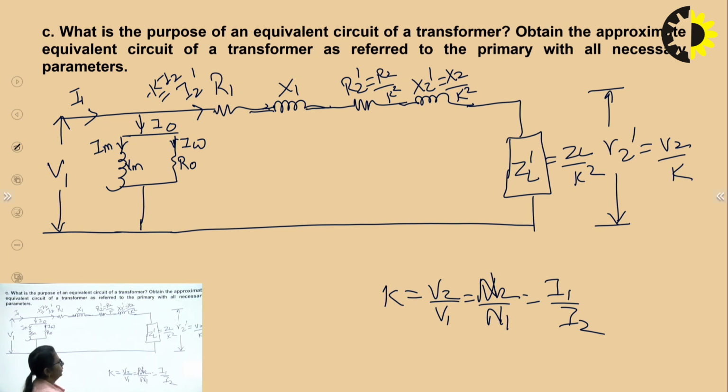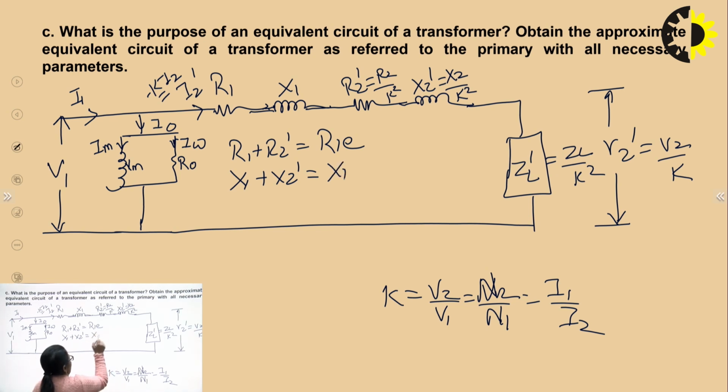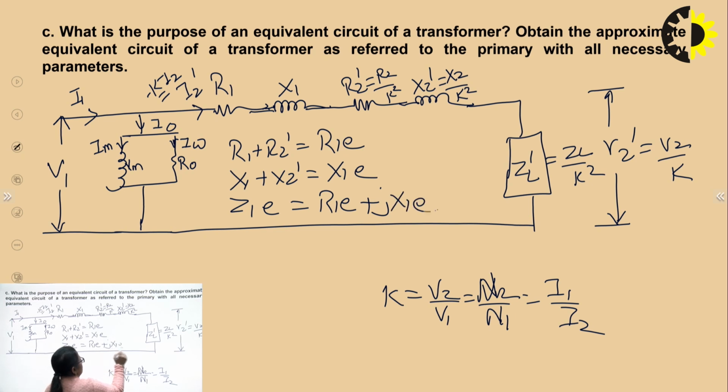Now what we can do here, this R1 and R2 dash can be combined to give the equivalent resistance referred to primary, R1E. Similarly, X1 plus X2 dash gives us the equivalent reactance referred towards primary, that is X1E. And combining, we can have Z1E given by R1E plus jX1E. Right? So this gives the approximate equivalent circuit.